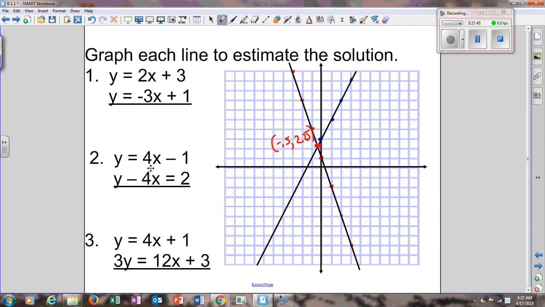Okay, number 2. This one is not in perfect form yet. It's not in slope-intercept form. And so I have to put it in slope-intercept form first. So I have to add the 4x to the other side. It's going to give me y equals 4x plus 2.